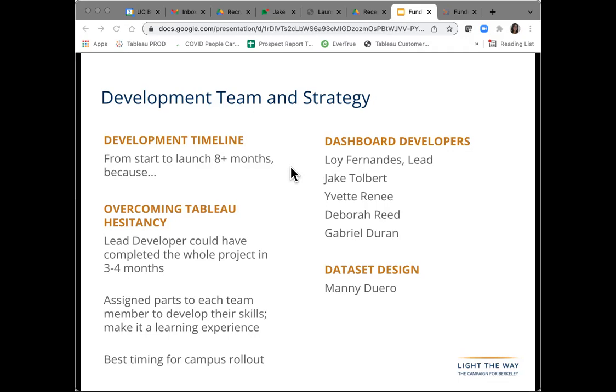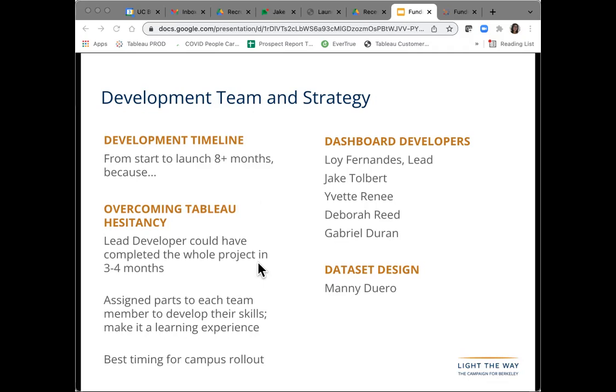From start to finish, we took more than 8 months to do this, and not because it would really take that long to develop this. To put it in context, Loy could have done this probably in 3 or 4 months, but we wanted all of our team members to get their fingers into Tableau, which is still relatively new for us.